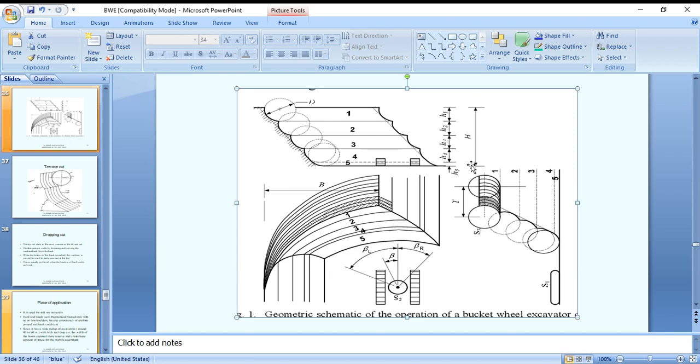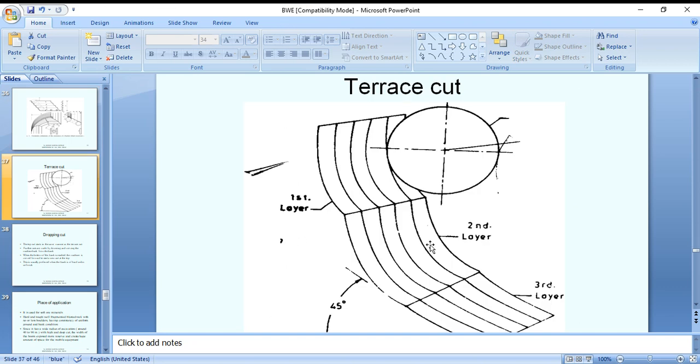The total height of the cut is shown. Here I clearly mention the top to bottom: the third layer, second layer, and first layer. More thickness is cut at the top than at the lower part, so the shape comes like this terrace shape.